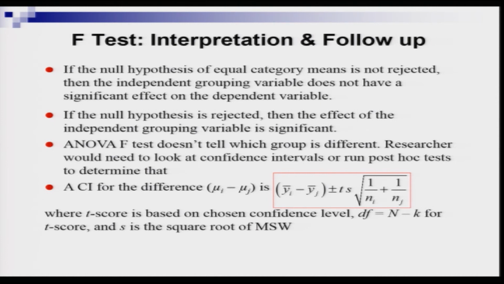Then there is another expression, small s, in that formula box. What is that small s? It is the square root of MSW, the mean square that emerges from the within group variation.